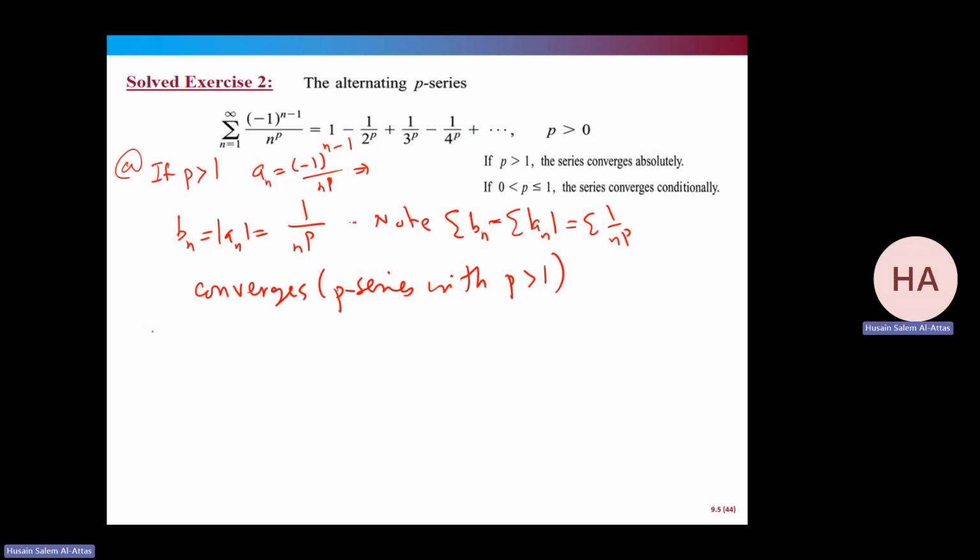Okay, that implies the series for p greater than 1 converges absolutely.